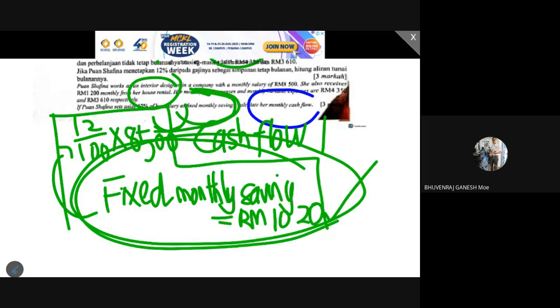Fikir betul-betul. Plus or minus? Tambah atau tolak nilai ni guys? 1020. Plus. Others? Plus. Minus. Plus. Sekarang plus tengah menang. 3-1.